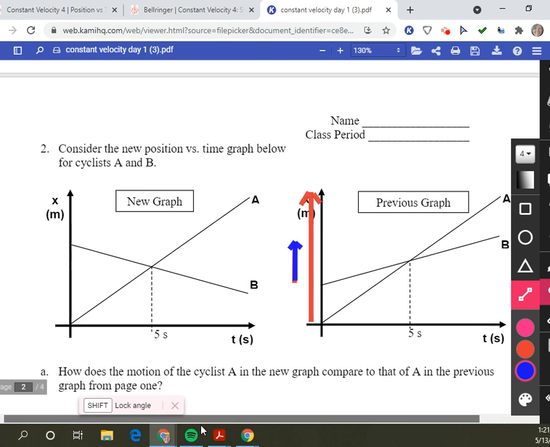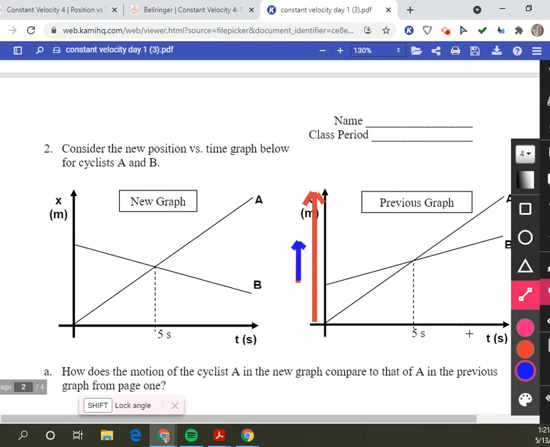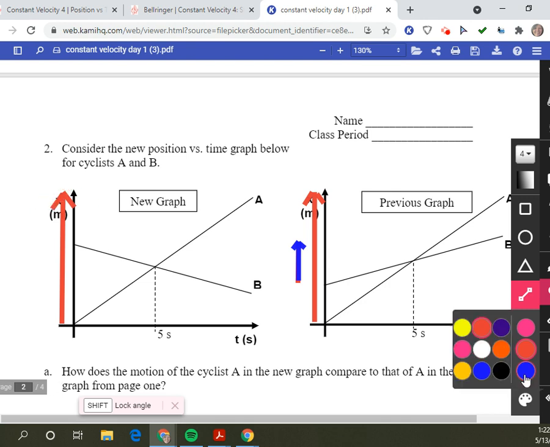But in the new graph, let's see what we have. In the new graph, we still have A. A is still starting at the origin. A is still going in this direction. Okay. A still travels the full distance. And then we have B that's going to start here. But what direction is B traveling this time?